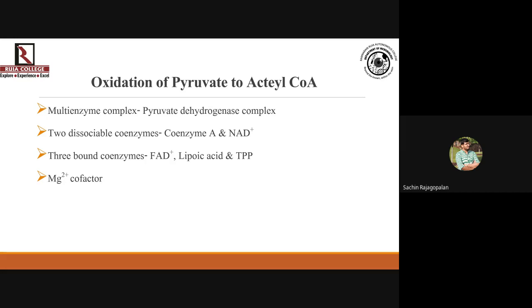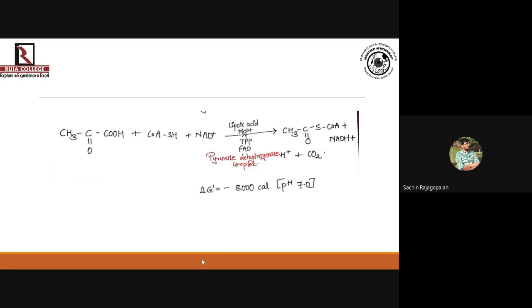That's why FAD is called a bound coenzyme, because one FAD always has to be attached to the complex. Okay, so FAD plus lipoic acid, TPP, these are bound coenzymes. And there is a cofactor which you will see, which is magnesium ions. Okay, so now we will see what happens in the process.